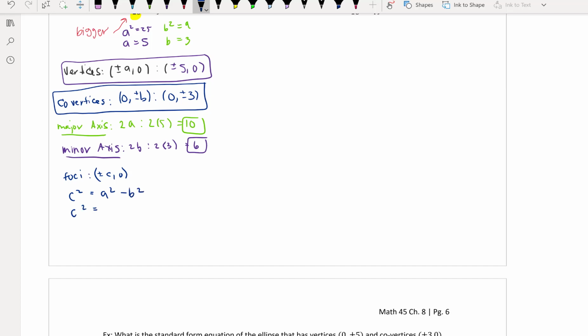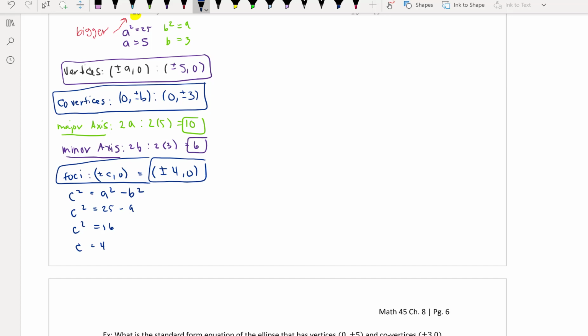You already know your a squared was 25, and your b squared was equal to 9. So now you have c squared is equal to 16. If you square root that, that would be 4. So now you know that your foci is going to be plus or minus 4, comma, 0.